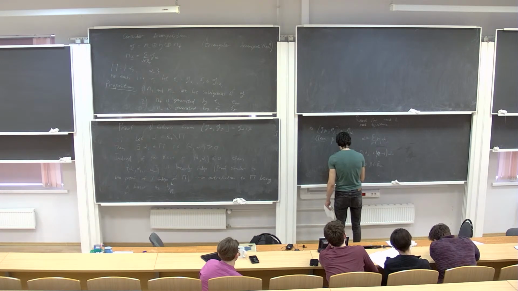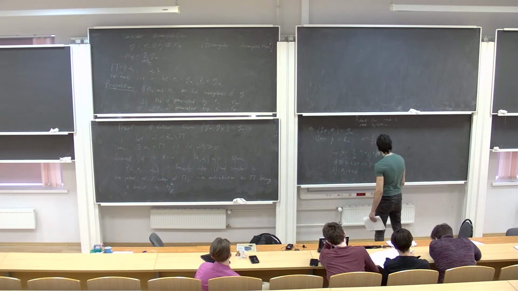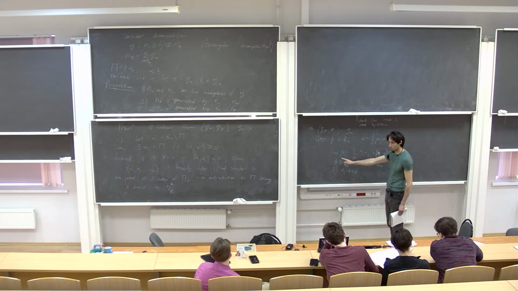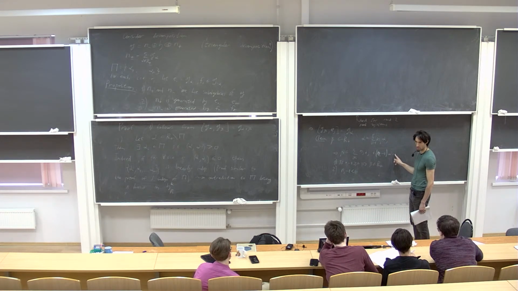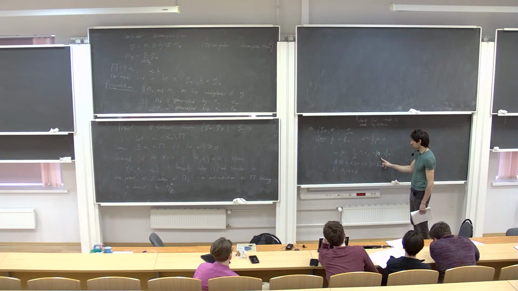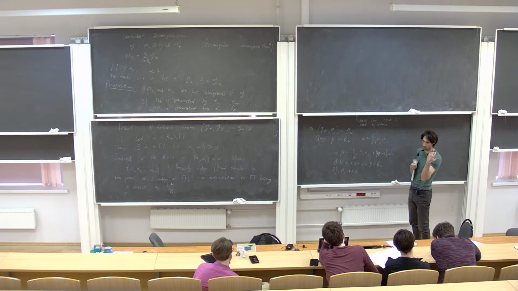Because if n_i minus 1 is negative, right? This is the decomposition of a root in simple roots. This one is negative, but we have either positive roots or negative roots, nothing in between.